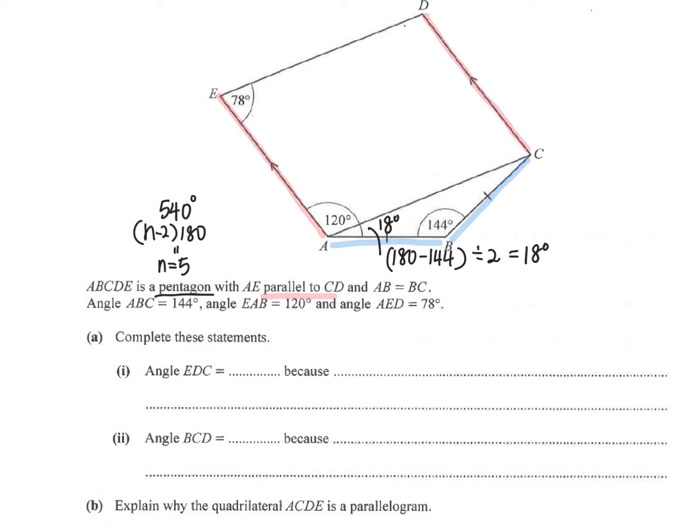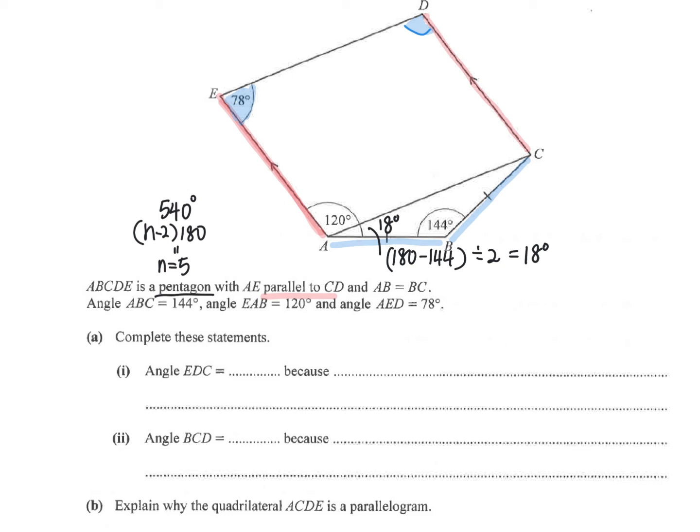Angle EDC over here. Now we notice that these two lines are parallel to each other, so we can have interior angles on parallel lines. Therefore this angle 78 plus angle EDC will give you 180 degrees.